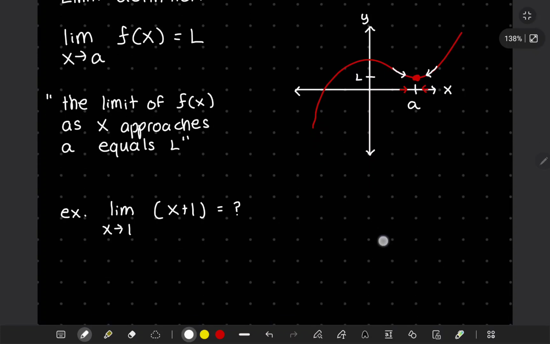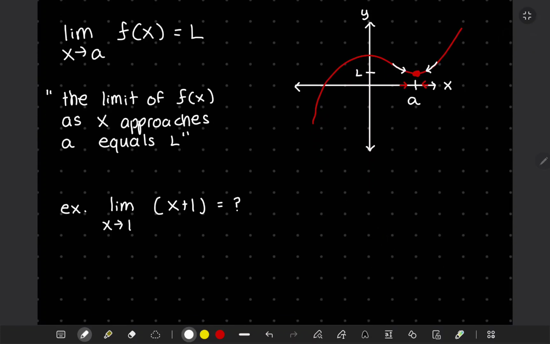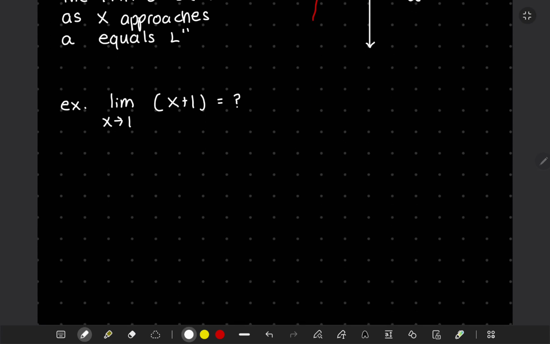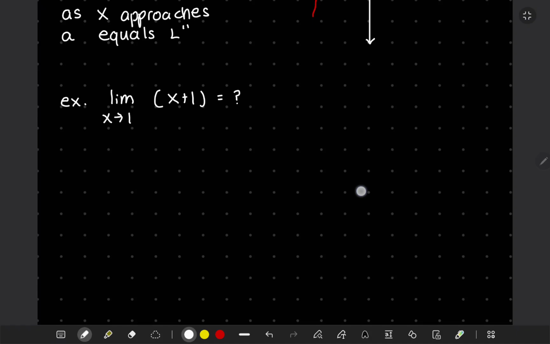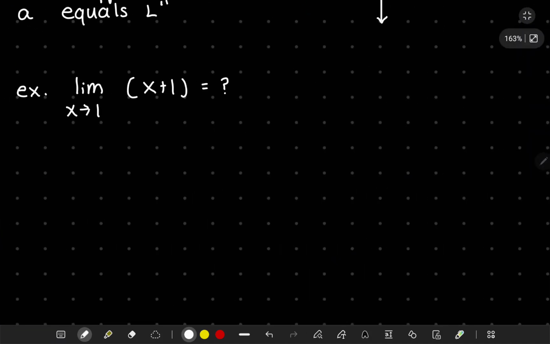And we're going to do this example, kind of doing the same basic thing. So here, we're going to find the limit as x approaches 1 of x plus 1. We're going to see what that is. Kind of like what we did before, let's just try numbers closer to 1. So here, I'm just going to put an x versus f of x table.